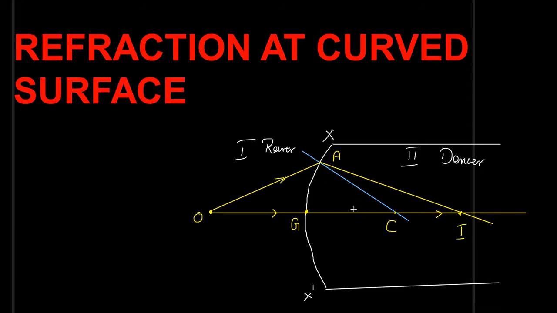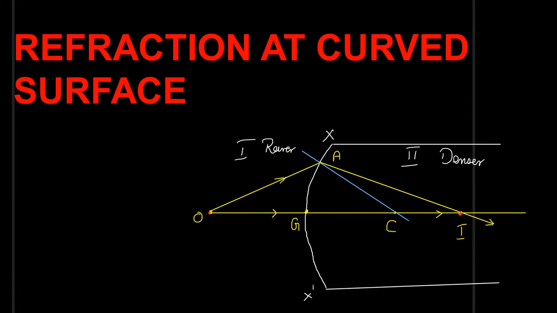Wherever the refracted rays meet, the image is produced. So O is the object and I is the image formed by it. Since AI is the refracted ray, we need to indicate with arrow. The arrow is indicating the direction in which the refracted ray passes.